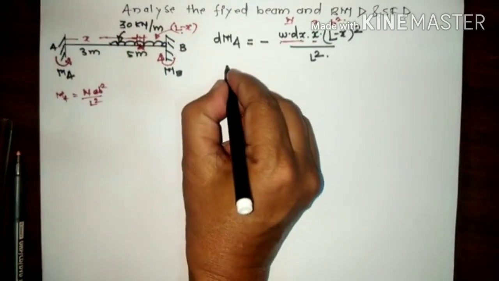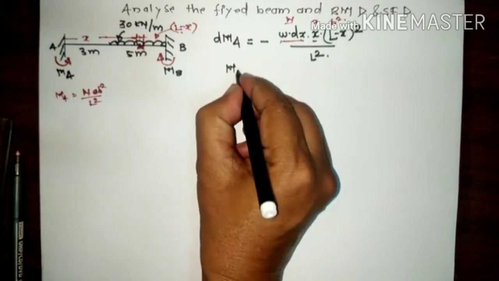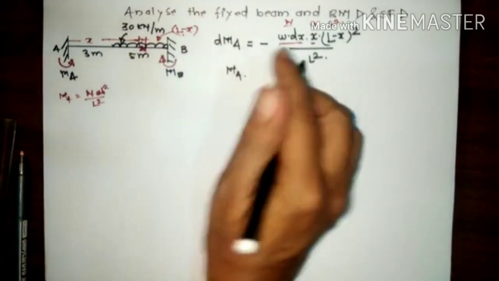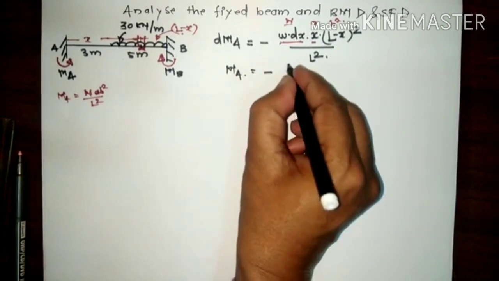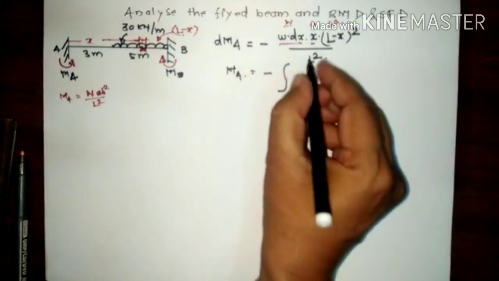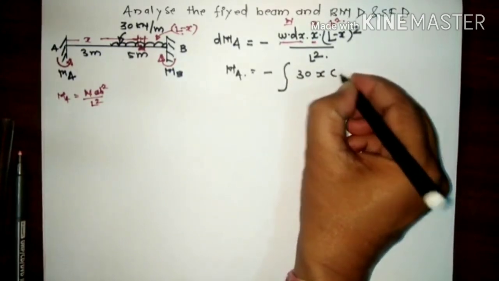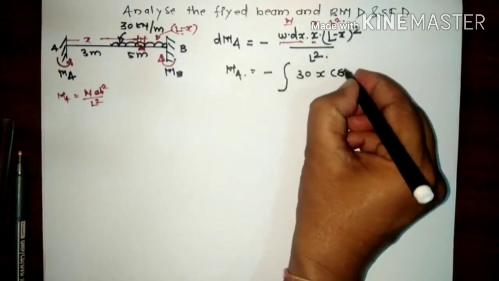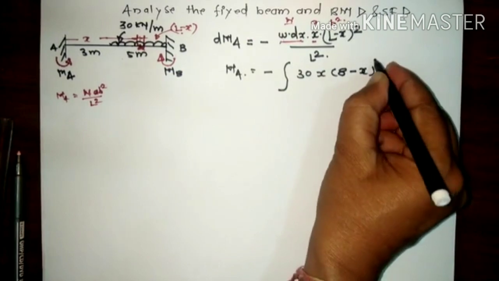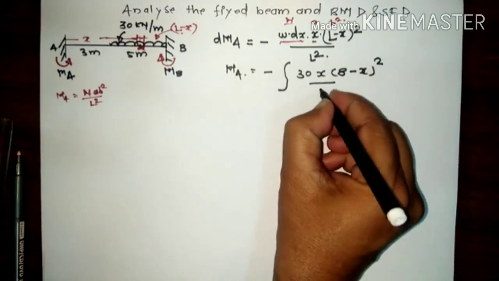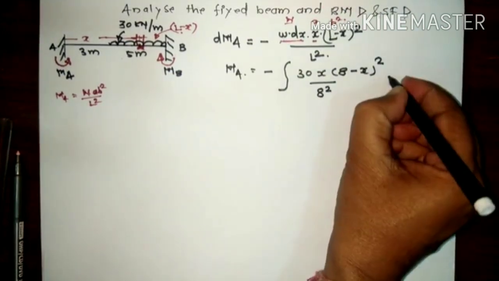That is why the capital M, total MA due to this partial load, is minus integration, W is 30, into x into (8 minus x) bracket square divided by 8 square into dx.